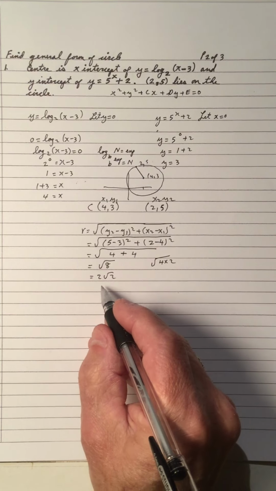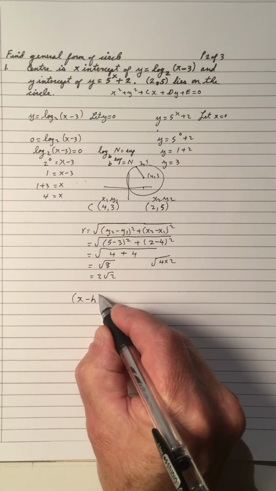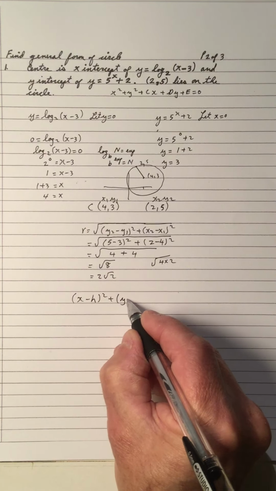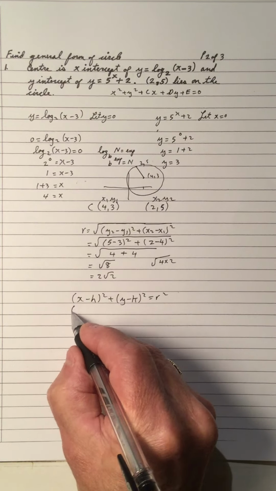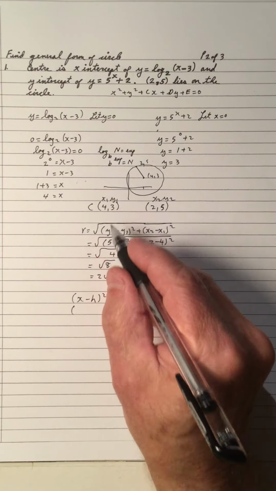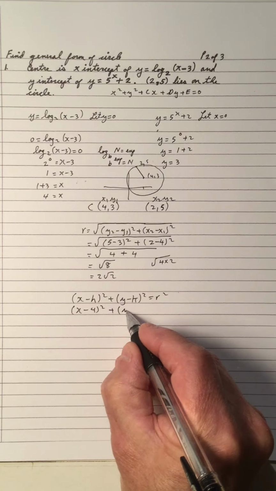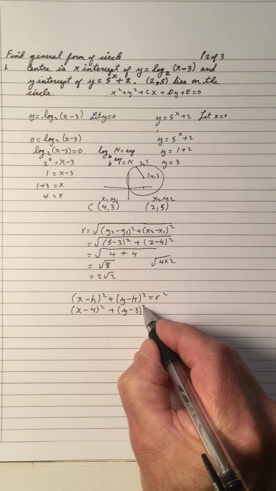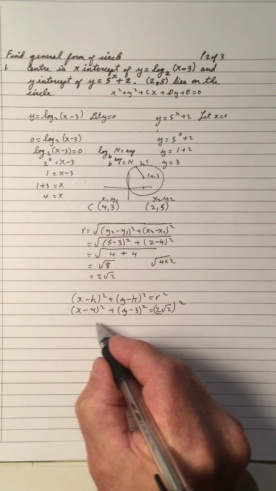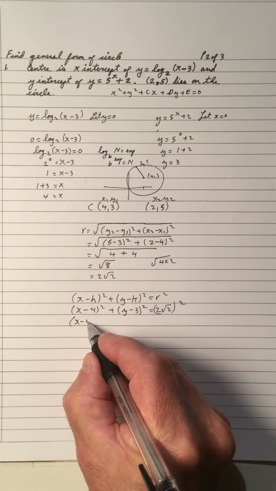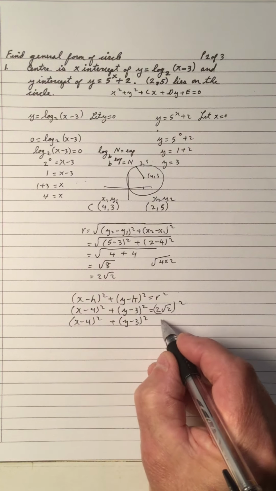So the equation of the circle is x minus h all squared plus y minus k all squared equals r squared. The center is (4, 3), so it's x minus 4 squared plus y minus 3 squared equals 2 root 2 squared.